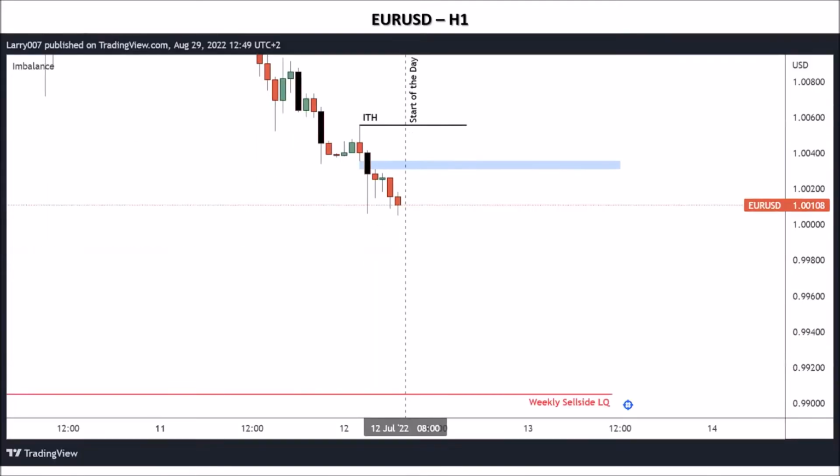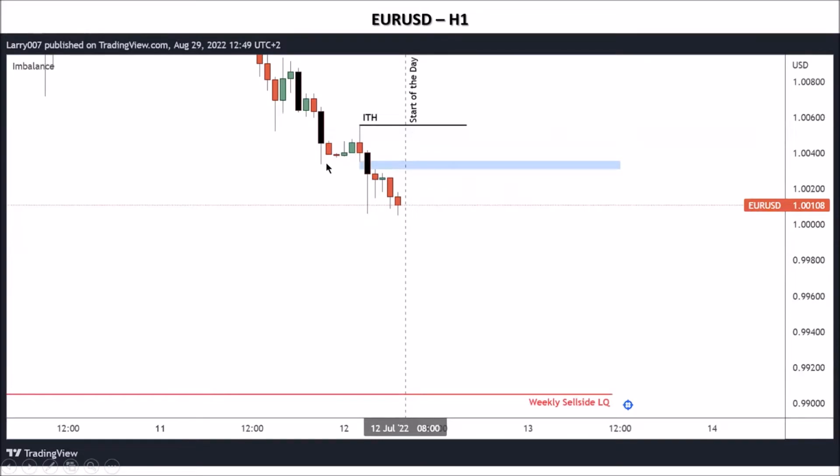So let's take a live example from July 12th. You can see the 1 hour chart. So this is the start of the day on the 12th of July.